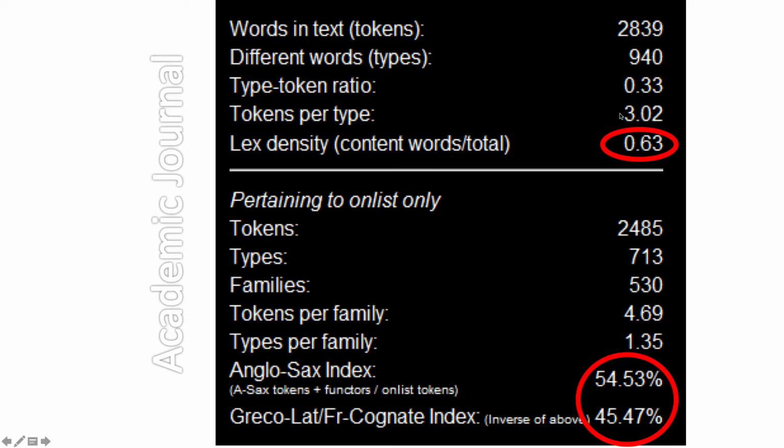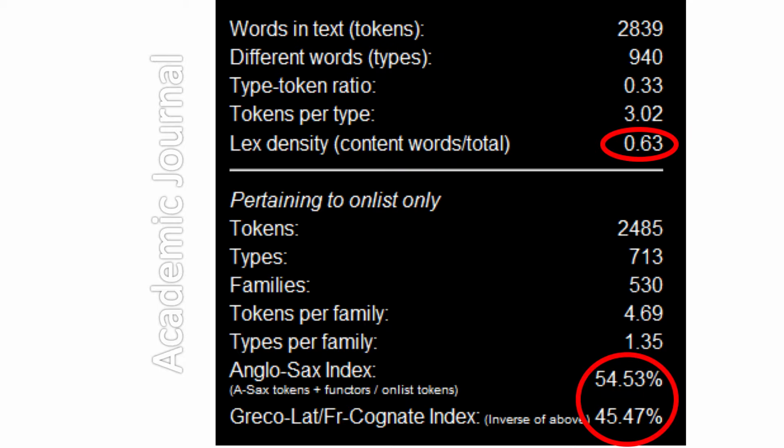The type per token ratio, like I said, we've got on average 3 instances of each word. This Anglo-Saxon index versus the Greco-Latin and French cognate index, this is sort of interesting. This sort of gives me the rough proportion to what percentage of the tokens that are in this text come from the Anglo-Saxon origin.